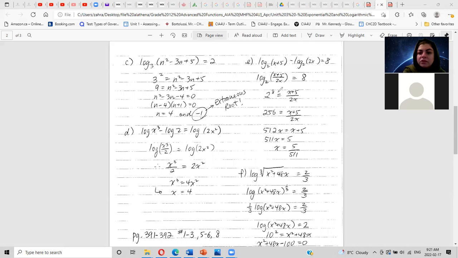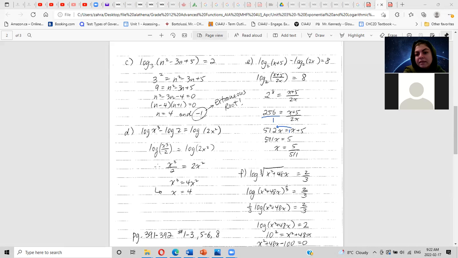2 to the power of 8 is 256. The cross multiplication: 2x multiplied by 256 is 512x. And 1 multiplied by x plus 5 is 1x plus 5. So you bring x to one side, so you bring this x here. So basically the coefficient is 1. 512 minus 1 is 511.